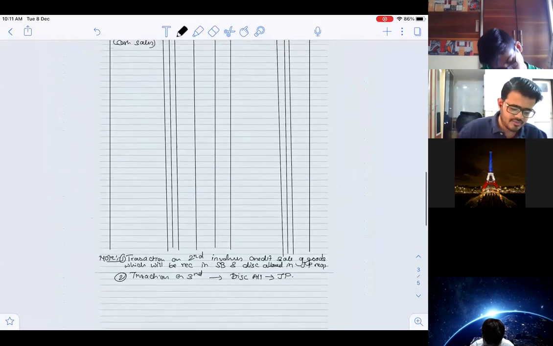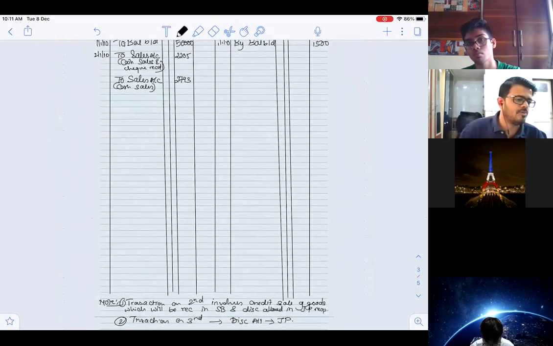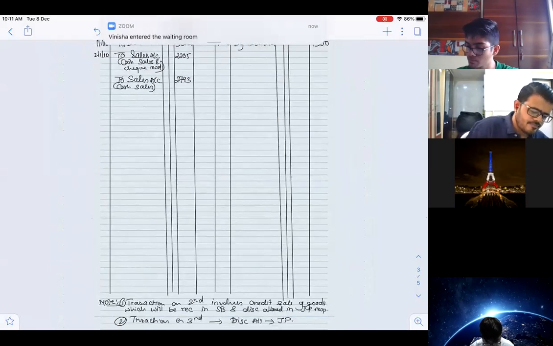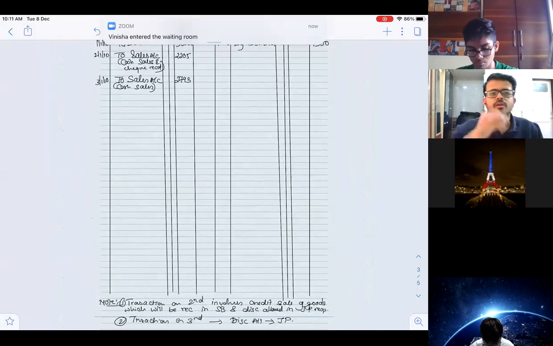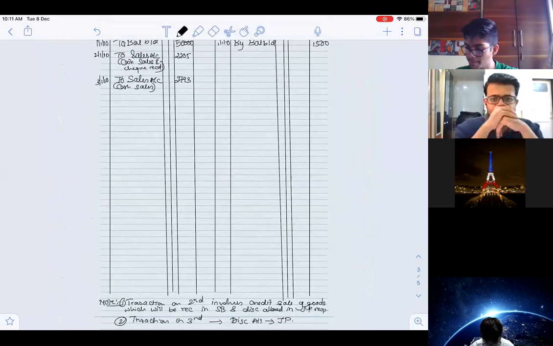Transaction on second involves discount allowed, that will go in the journal proper. Comfortable? Understood?